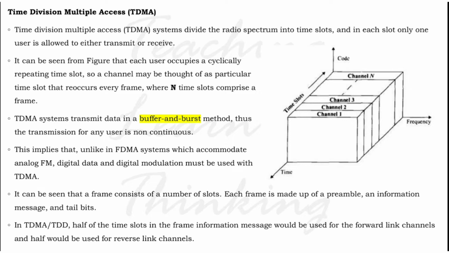In a TDMA system, data is transmitted in a buffer-and-burst method. Thus the transmission for any user is non-continuous. Like I said, it is cyclically rotated for each user, so the transmission is non-continuous and data is transmitted in a buffer-and-burst method.